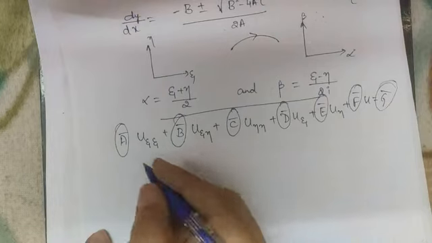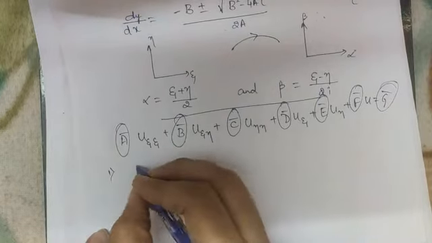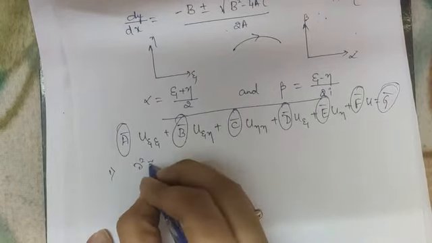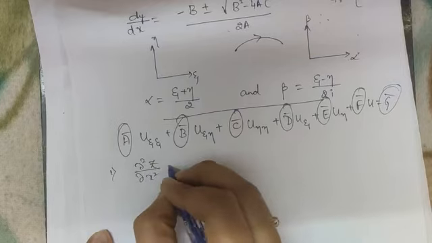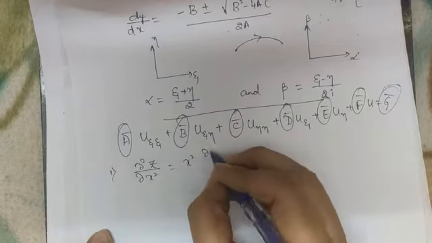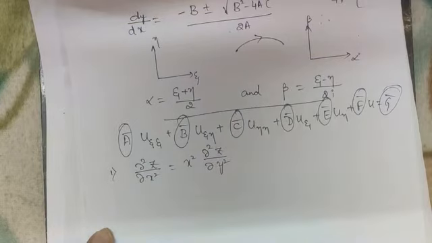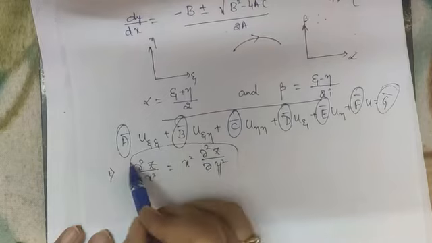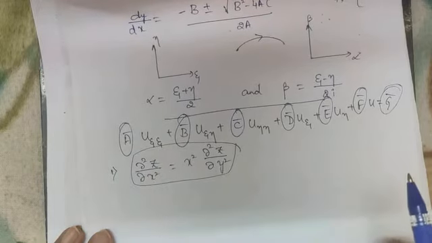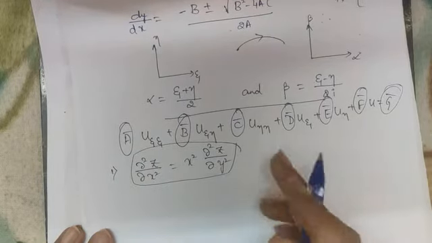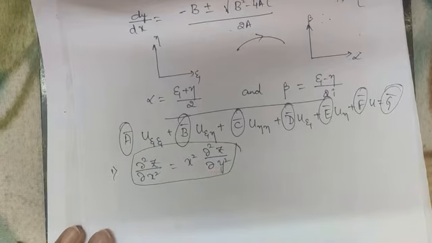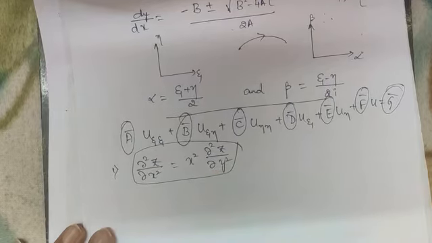Let's solve some simple problems first. I will consider the equation dou square z by dou x square is equal to x square into dou square z by dou y square. We have to determine the nature of this partial differential equation. That means we have to find out whether this partial differential equation is hyperbolic, parabolic or elliptic.